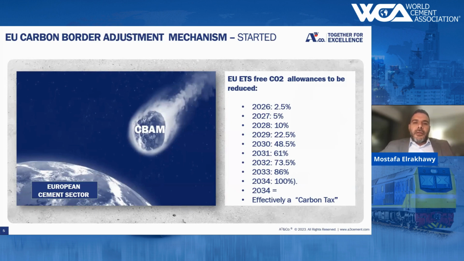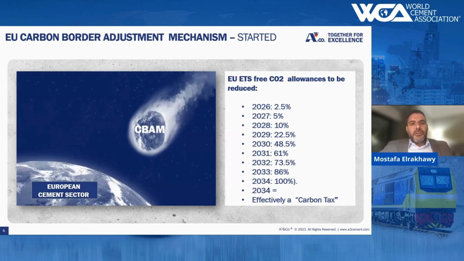As Ian and Dan illustrated in their previous slides, the European Union emission trading system now has a free allocation or free allowance of 693 kilograms CO2 per ton of clinker.